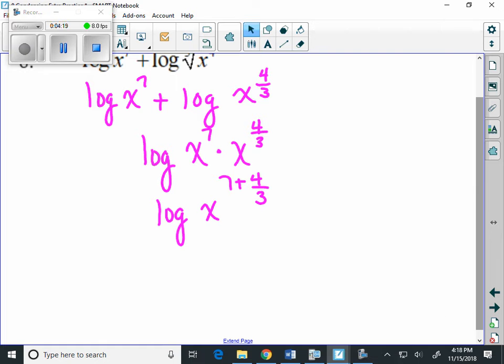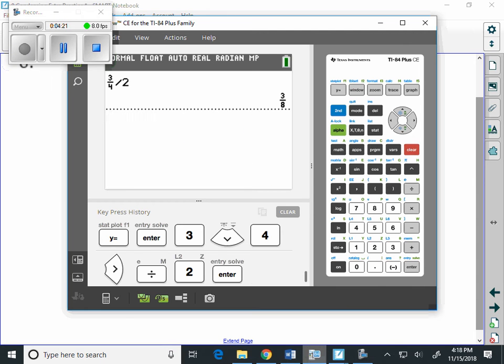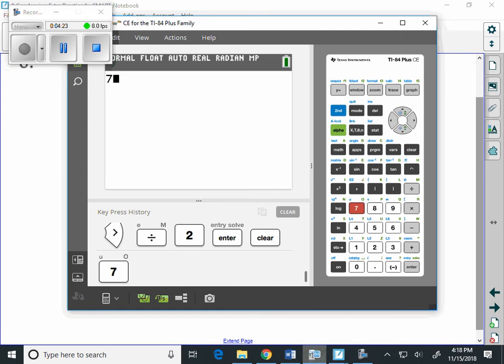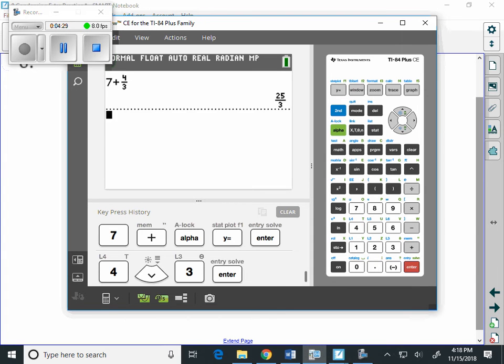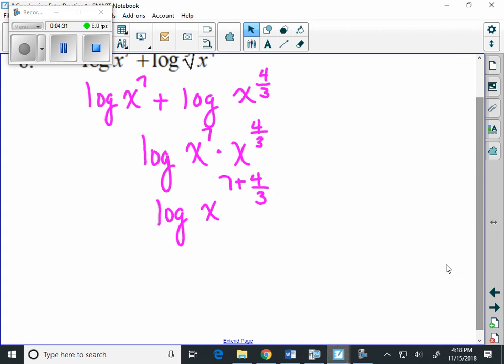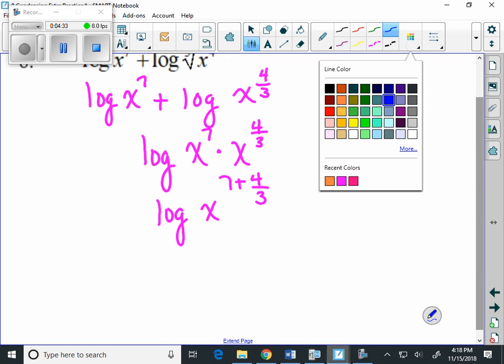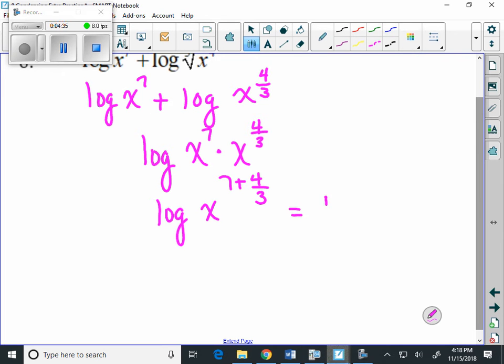And once again, if you need to, you pull up your calculator and you say 7 plus 4/3, and we get 25/3. So this simplifies to be log of x to the 25/3.